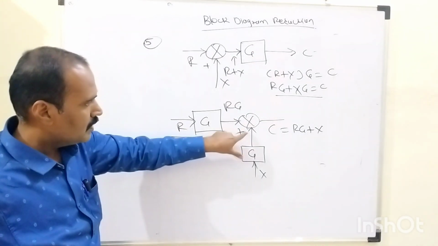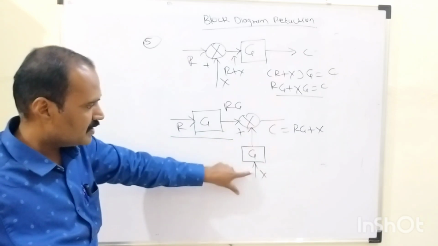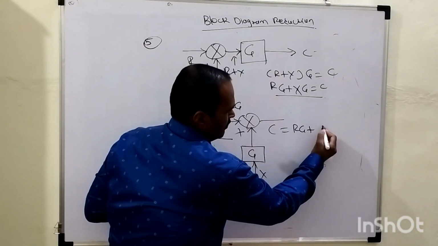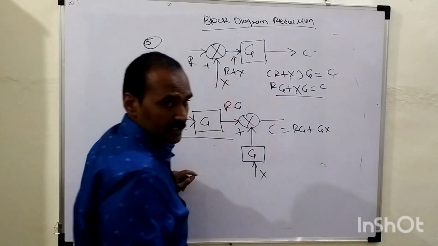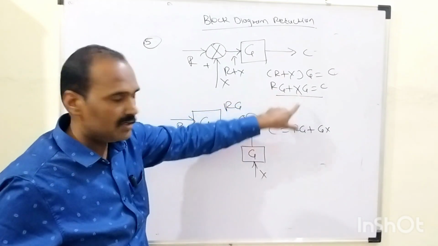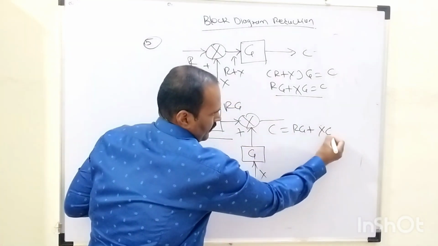Capital X. So the potential present at the lower point of this summing point will be, instead of only X, G times X, right? So in this way the original statement is retained: Rg plus Xg or Rg plus Gx. It is one and the same, right?